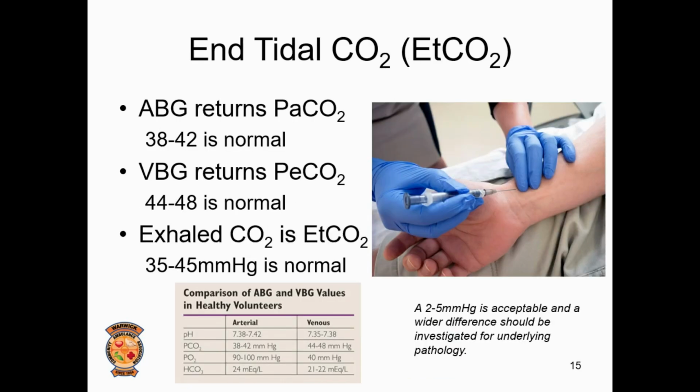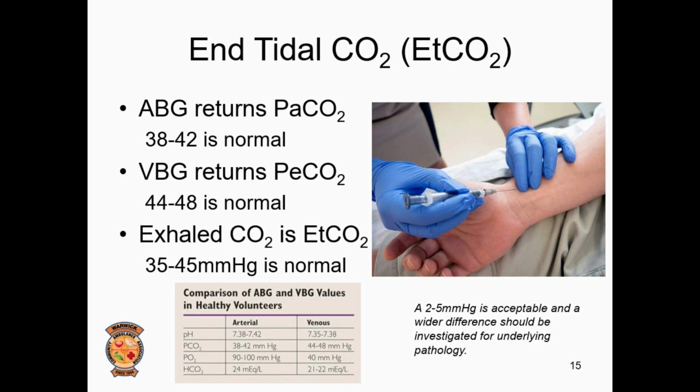A real quick side note about blood gases. First of all, a normal end tidal CO2 should be between 35 and 45. I have to say that I've seen some patients who live in the mid to upper 20s and low 30s, and if I see a patient more than once, I know to remember that kind of thing.